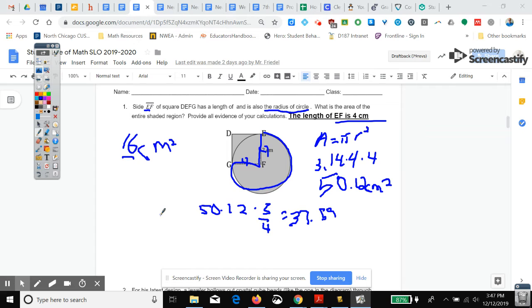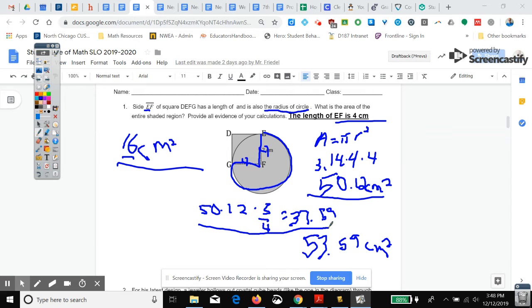So 37.59 plus 16 is 53.59 centimeters squared. So when I grade this, I'm looking for the area of the box, the area of the circle, finding the part of the circle that you have or subtracting that part, and then adding those all together. Okay? So that's problem number 1.